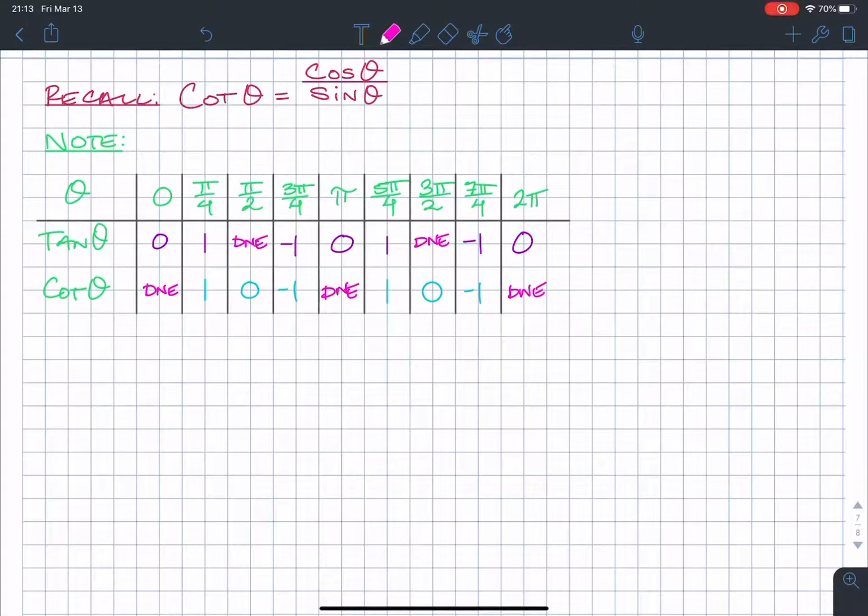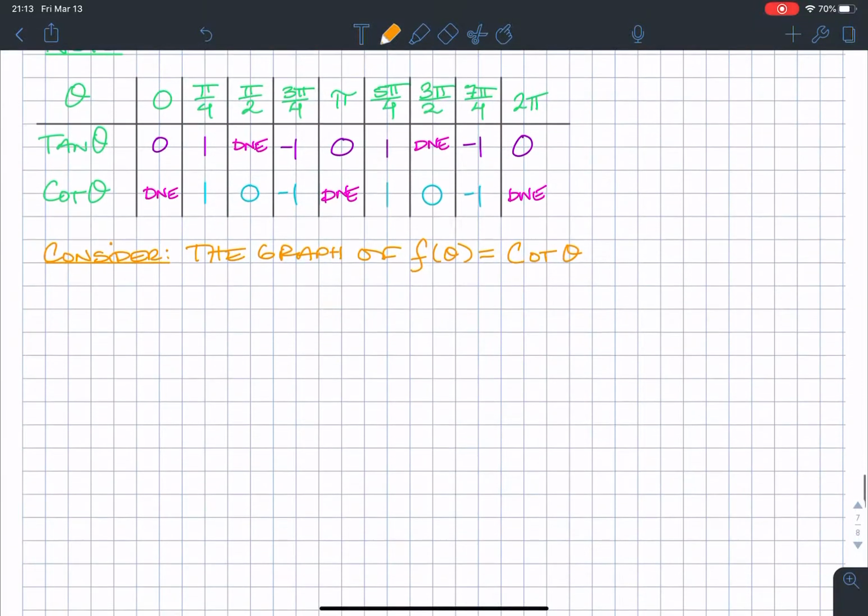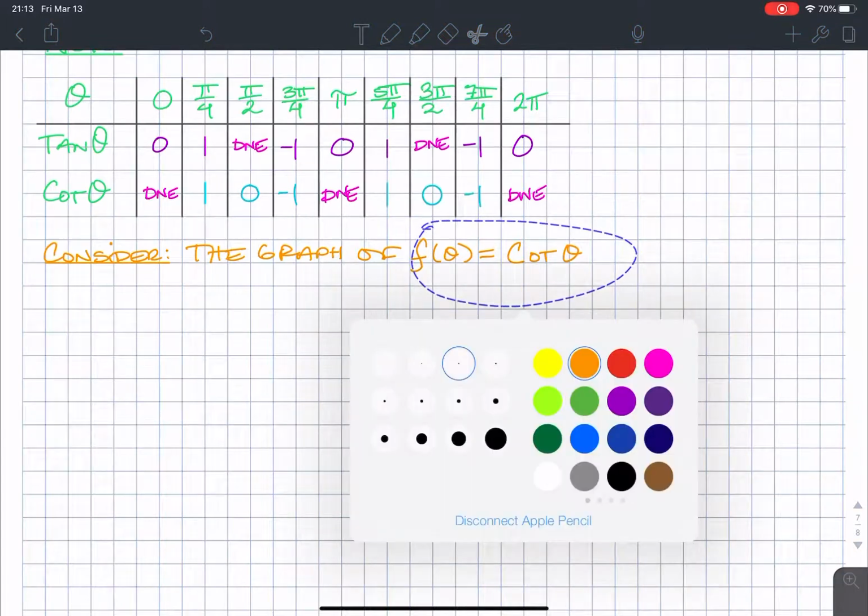Okay, so let's go ahead and consider the graph of f of theta equal to simply cotangent of theta without any augmentations.